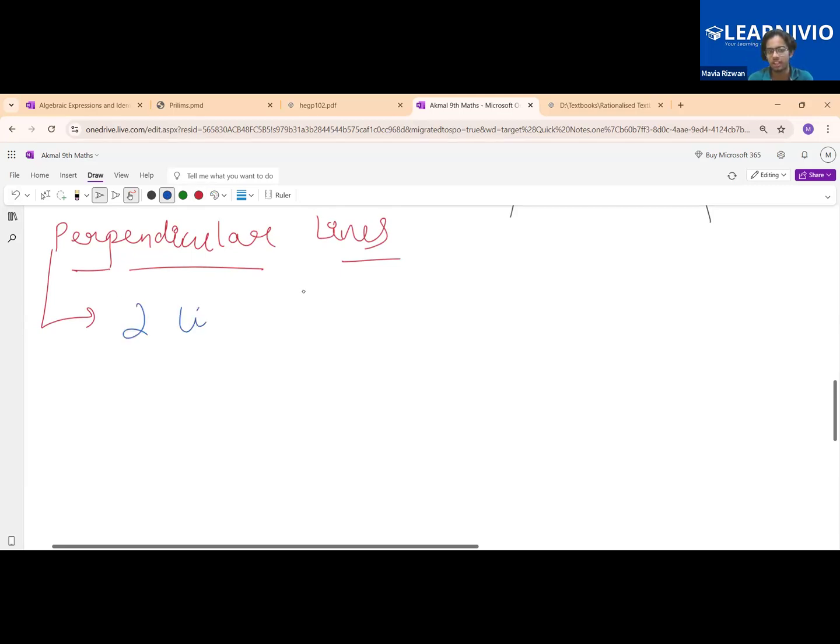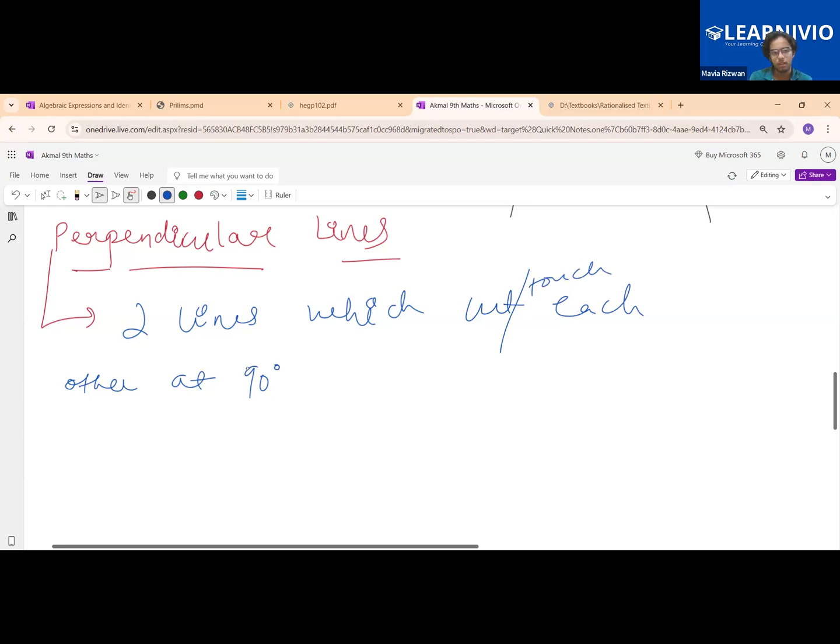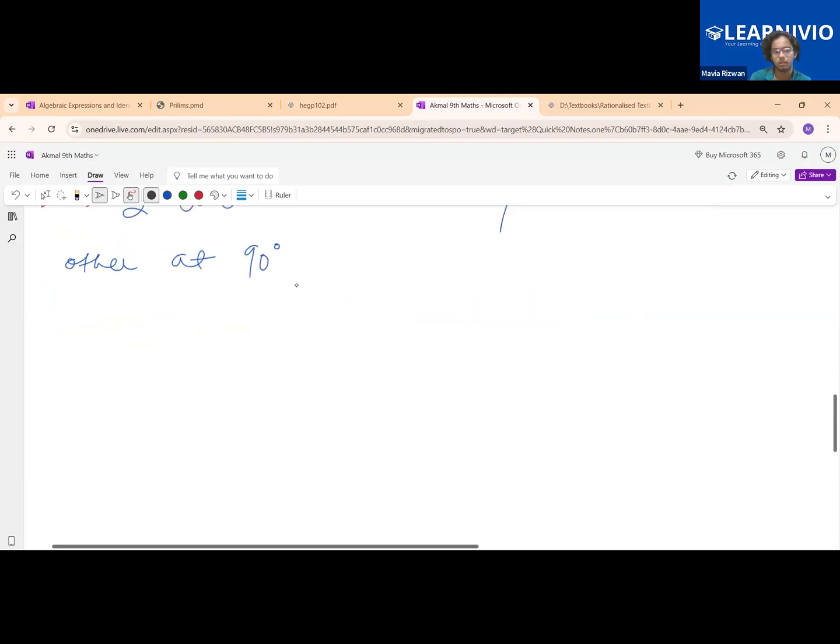Two lines which cut each other at 90 degrees. Two lines which cut or touch each other at 90 degrees. Let's say I have these two lines.